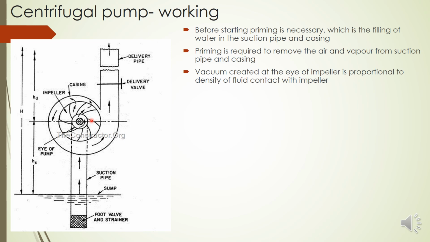And the vacuum created is proportional to the density of the fluid. So simply speaking, whatever the fluid is here at the eye of the impeller, and whatever its density, we can create a vacuum of that much proportion only. So you already know the density of air is only around 1.1, or near 1 kilogram per meter cube.